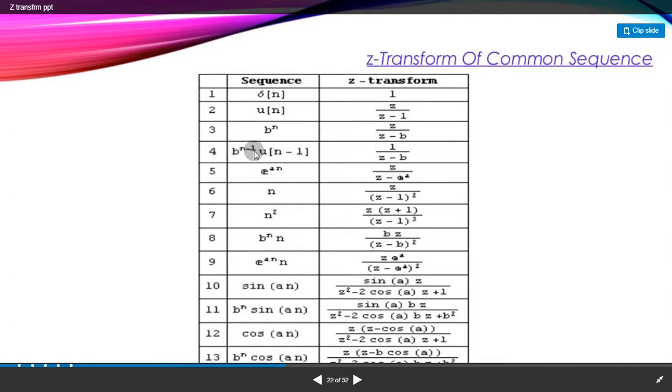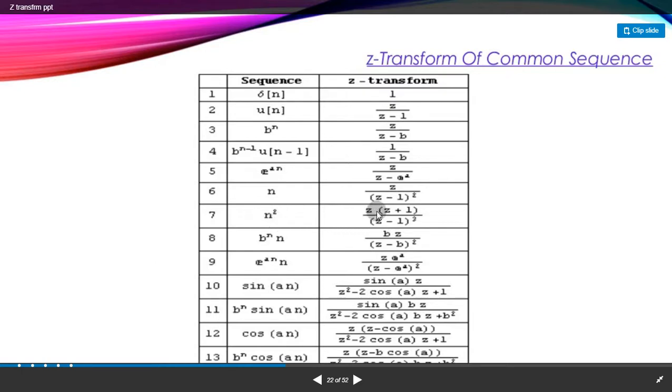b to the power n minus 1 into u of n minus 1 is 1 by z minus b. Okay, and e to the power a n is z by z minus e to the power a. The Z transform of the sequence n is z by z minus 1 whole square.